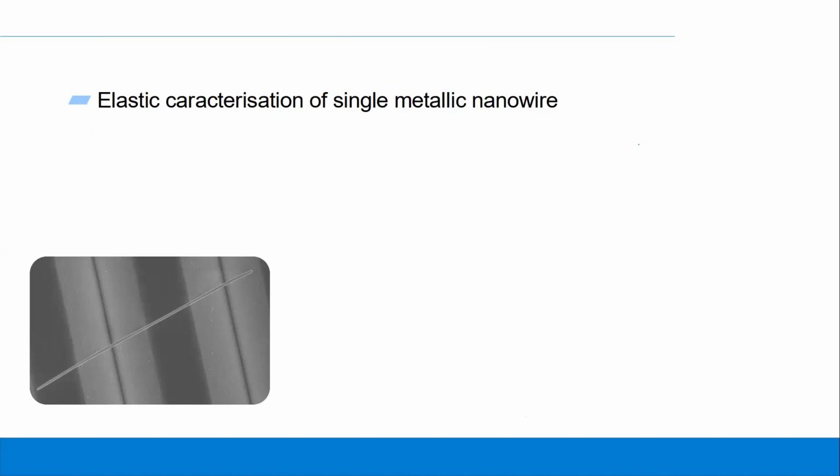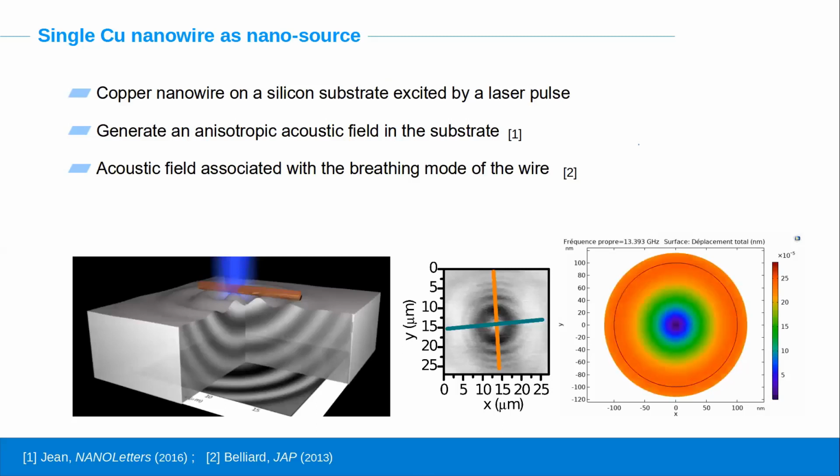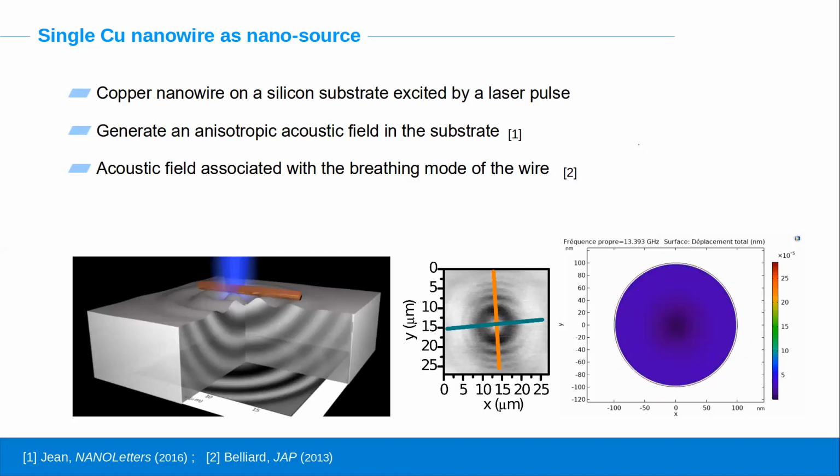Why is that? Because the previous PhD student who worked at the NSP on the vibration of nanoparticles observed that when you take a nanowire made of copper, put it on a silicon substrate, and excite this nanowire with a laser pulse, you can observe an acoustic field in the silicon substrate.